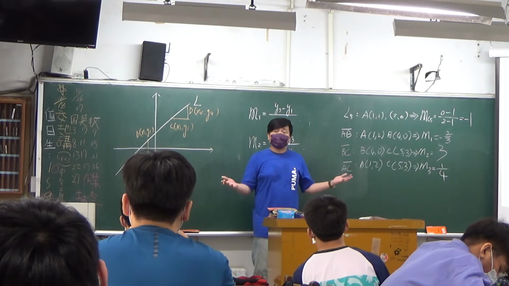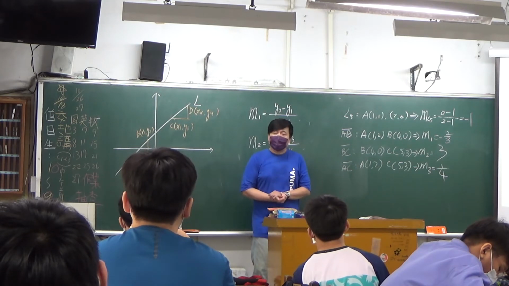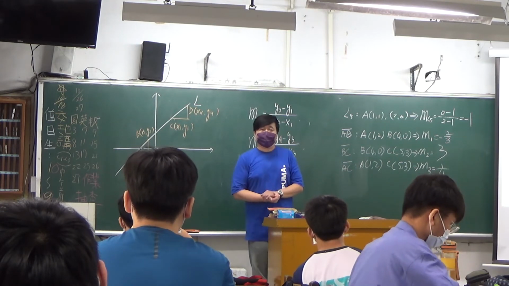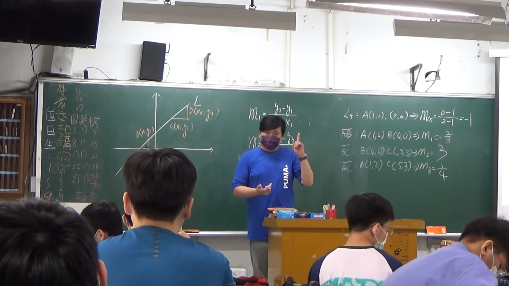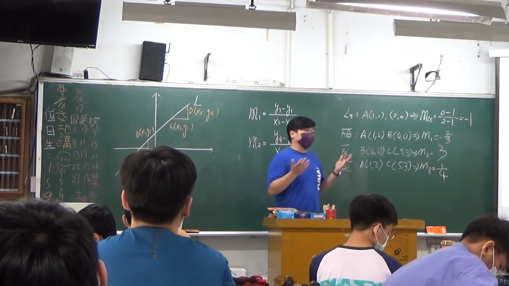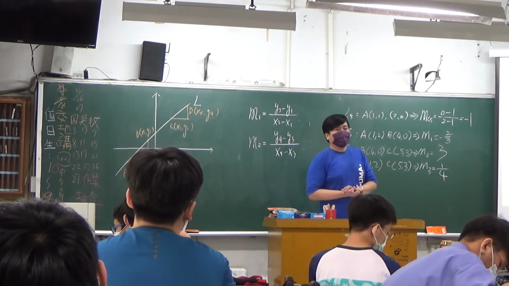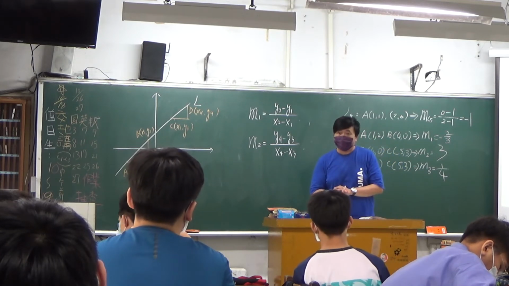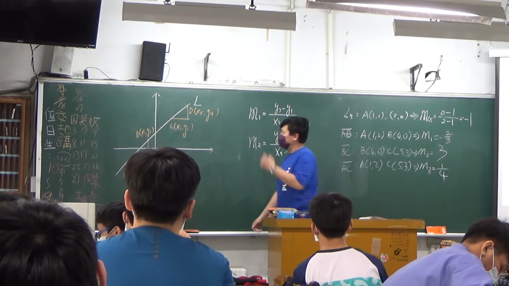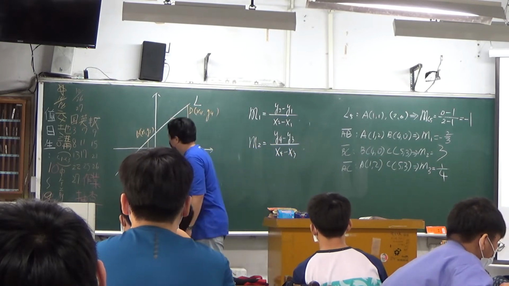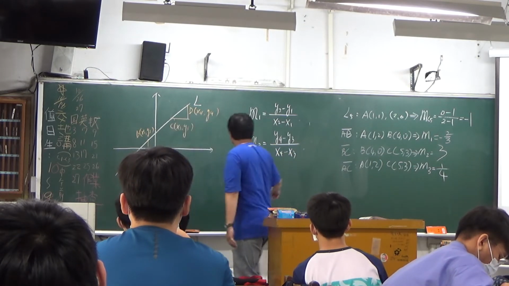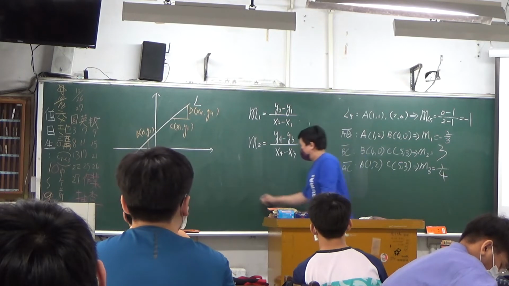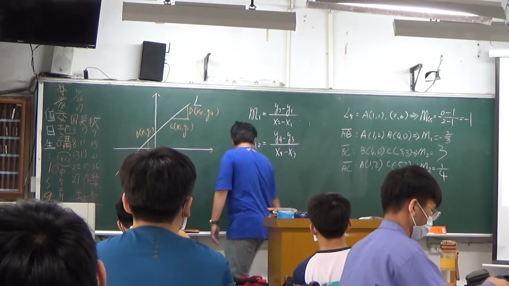So their corresponding sides are in proportion. Okay, listen. Their corresponding sides are in proportion. So we can get, because they are similar.